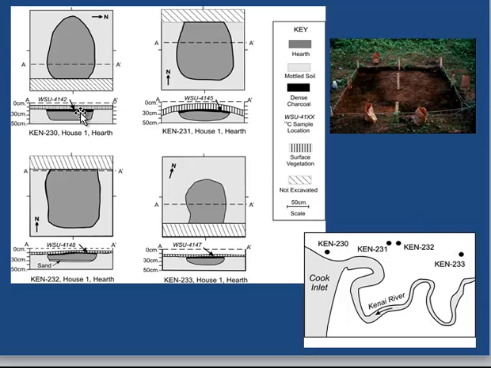So going back to this one then, that arrow points to where we took the carbon for that particular date. This designation WSU 4142 is an indicator of the lab that we sent it to, and that's the lab number.